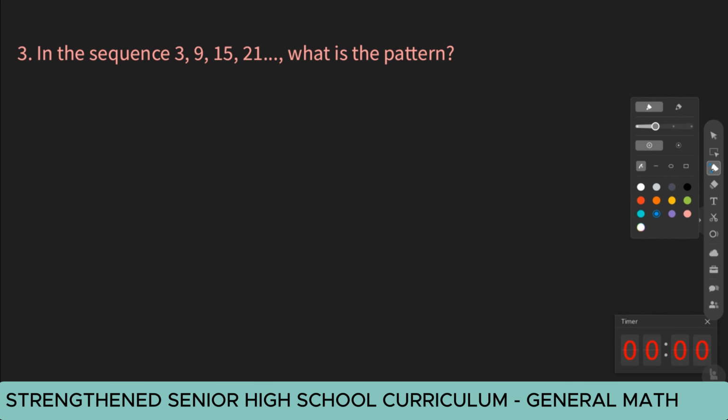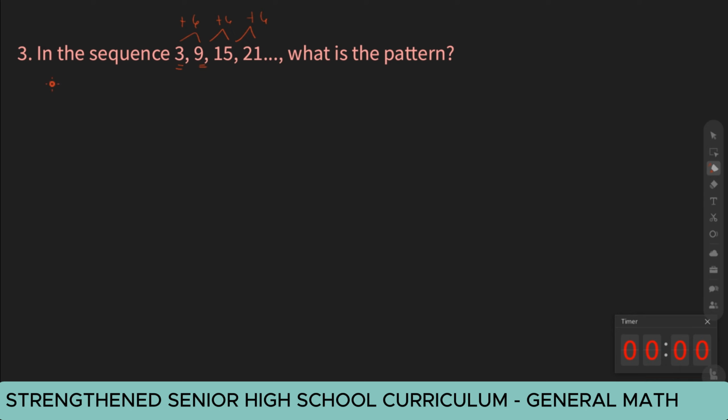So same step. Look at the first term. We have 3 and then it becomes 9. So what are we going to do to get from 3 to 9? It is plus 6, plus 6, plus 6.